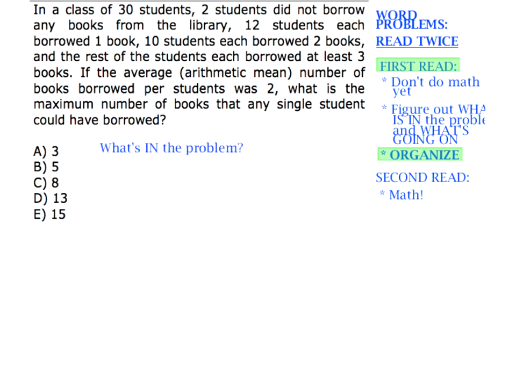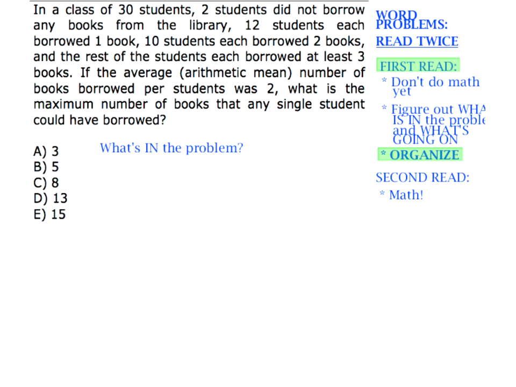So what's in the problem? Well, let's take a look, right? Someone said students and books. Depends on what you mean by that, because you wouldn't want to have 30 different columns for 30 students. Yeah, number of students, number of books is more like it, right?